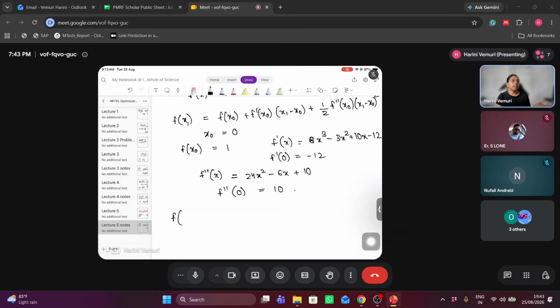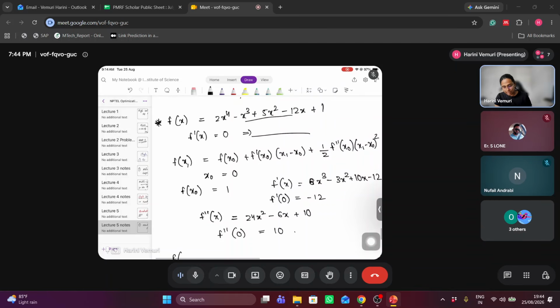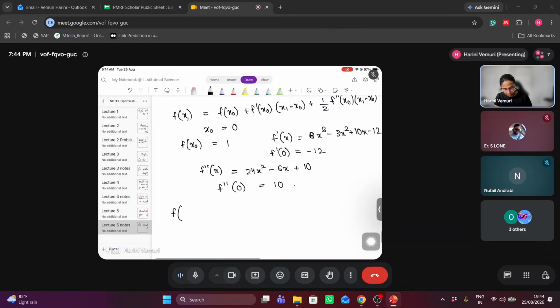Then it will be repeated for multiple iterations till you find the x value which will make f dash of the function 0 at that particular point.